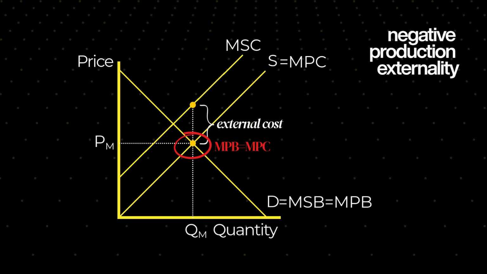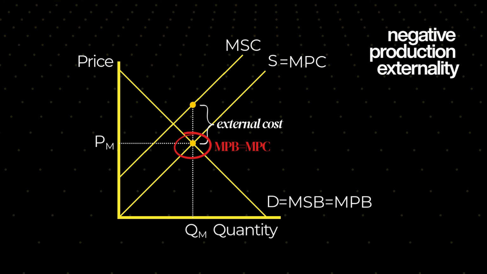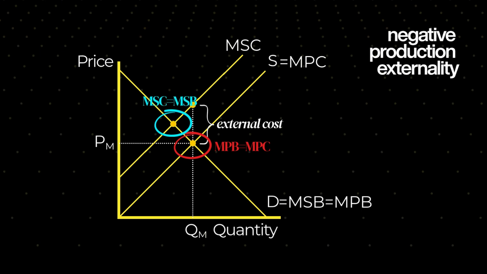But to see what's best for society, we need to take into account these additional costs. So the socially optimum point is going to be here, where marginal social costs equal marginal social benefits. And we can label these price and quantity levels as OPT for optimum or SO for socially optimum.